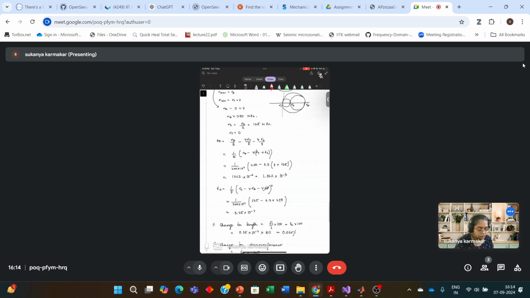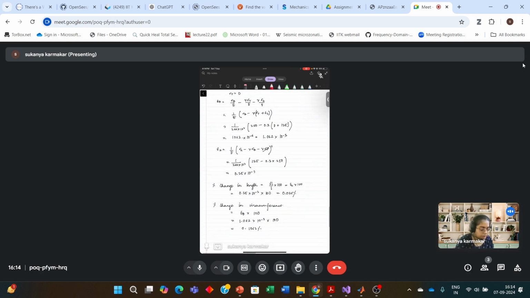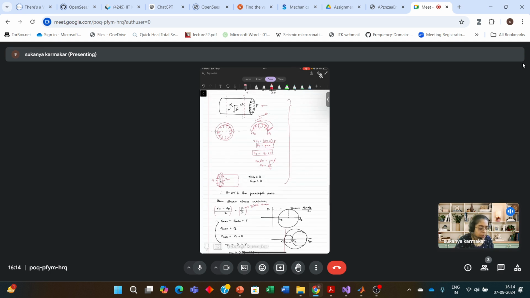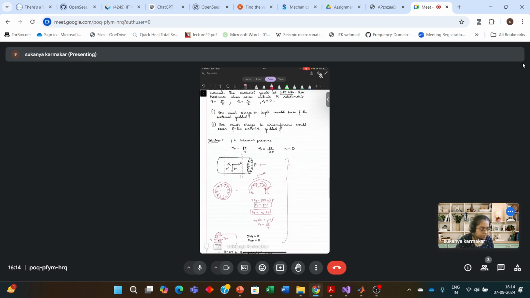Calculate the strain in the theta direction and in the z direction. The z direction is related to the length of the cylinder, which gives a measure of the change in the length because of the yielding of the material. The theta direction is related to the circumferential direction.